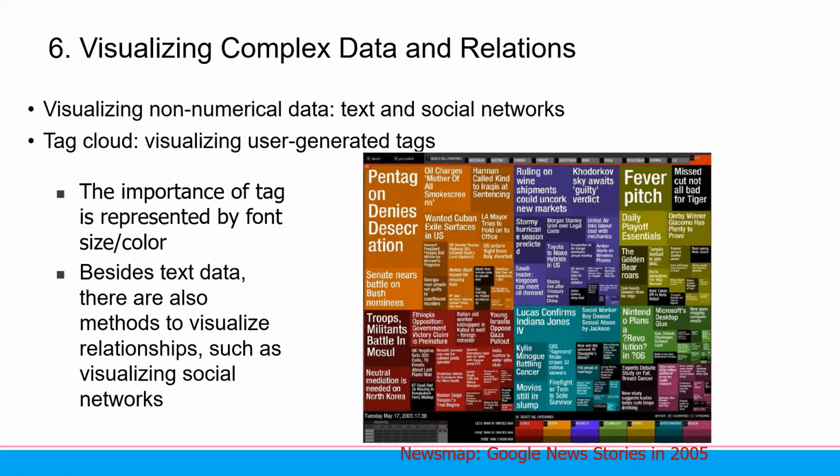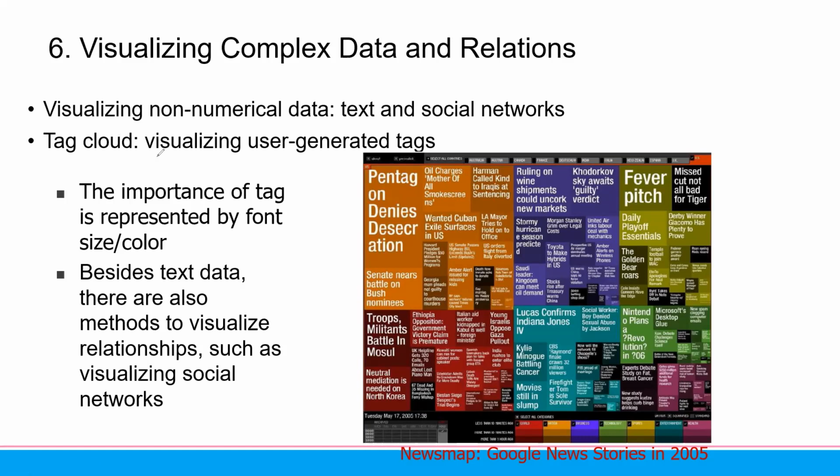Okay, we can have some additional visualization approaches like this one. If we want to visualize non-numerical data, such as text data or social network data, nowadays we have tag clouds.